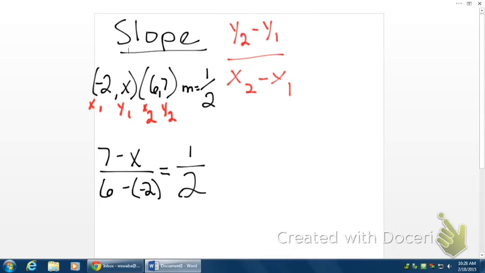Now, from here, we're going to solve what we can solve. What can I solve here? Well, I can solve this. 2 negatives become positive, and 6 plus 2 gives me actually 8.